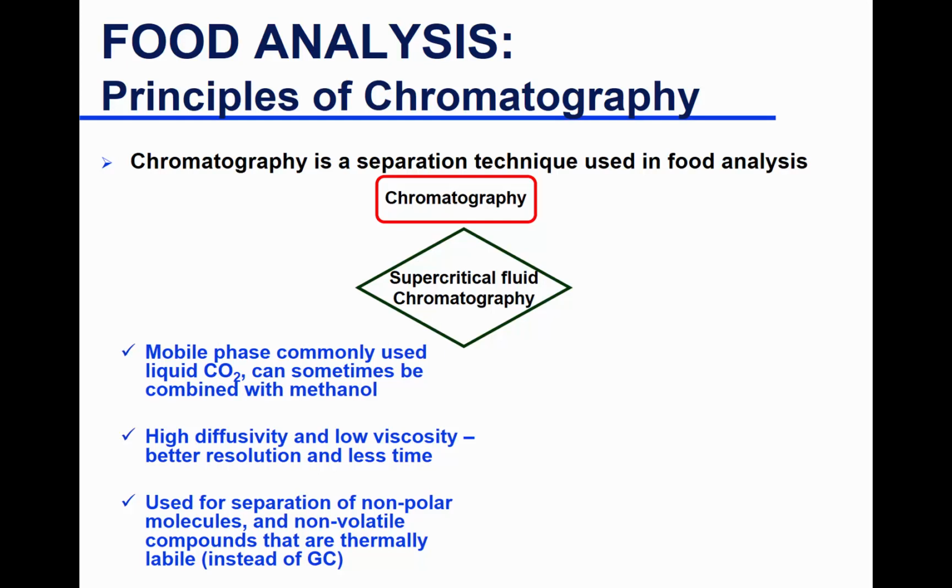Sometimes if the compounds that you're trying to separate are a little bit more polar, liquid CO2 alone won't help them come out of the column. So you add a little bit of methanol, which is a polar organic solvent. So you will put that in there to help with separation and elution of slightly polar compounds.